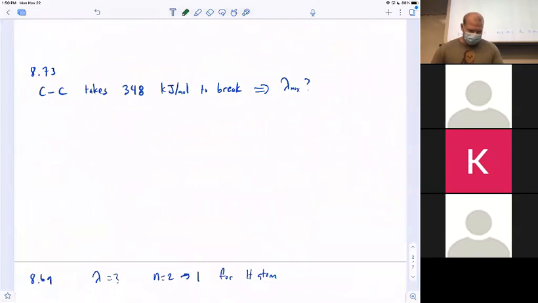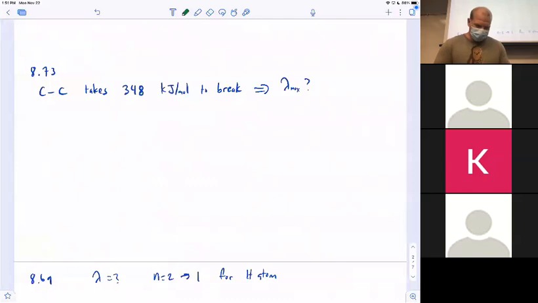All right. So the carbon-carbon bond takes 348 kilojoules per mole to break. What is the maximum wavelength that you can use to break that bond?